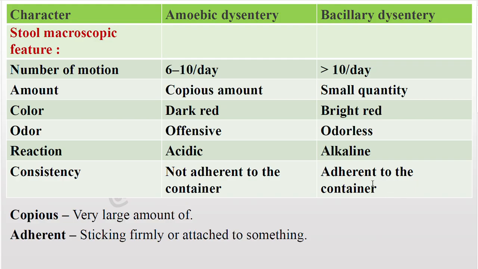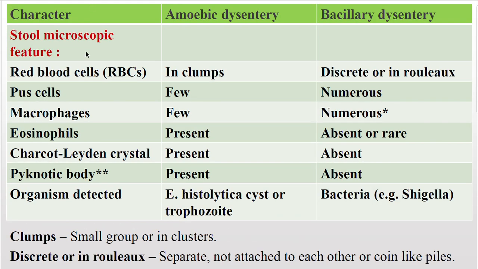Now stool microscopic features. So red blood cells in clumps. Clumps means small groups or clusters in amoebic dysentery, and discrete or in rouleaux in bacillary dysentery. Discrete or in rouleaux means separate, not attached to each other, or coin-like piles, which is in bacillary dysentery. Now, pus cells are few in amoebic dysentery and numerous in bacillary dysentery.